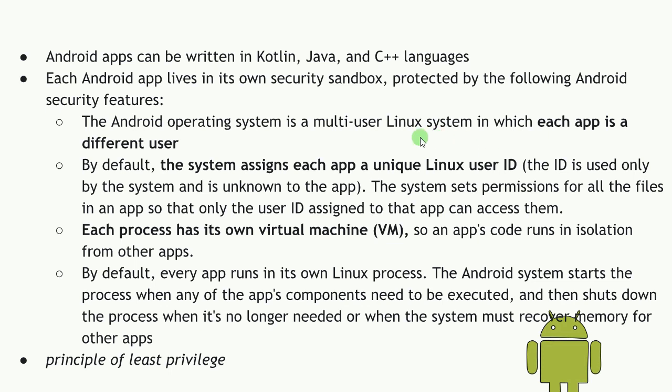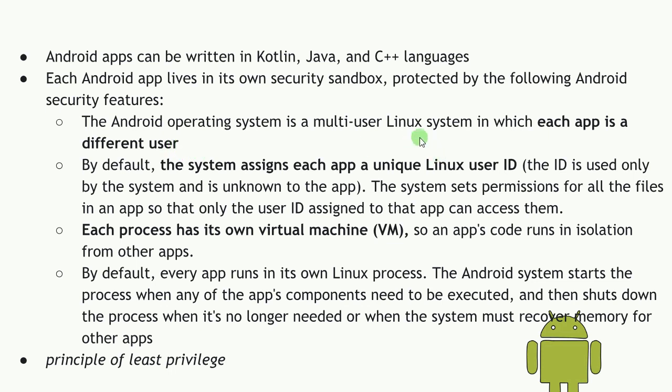But as of now, it's still Linux-based, and each app has a different user. So there's a Linux operating system, and every app behaves like a different user of that operating system, right? That makes sure that there is no security threat while two apps are interacting with the Linux system.